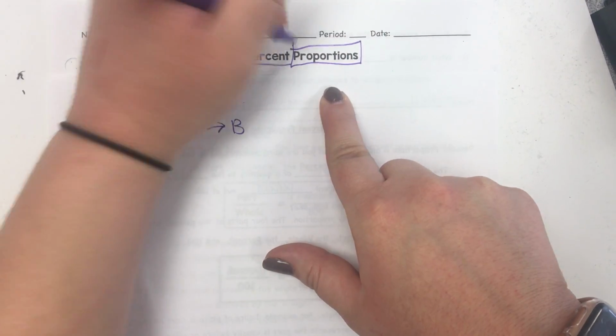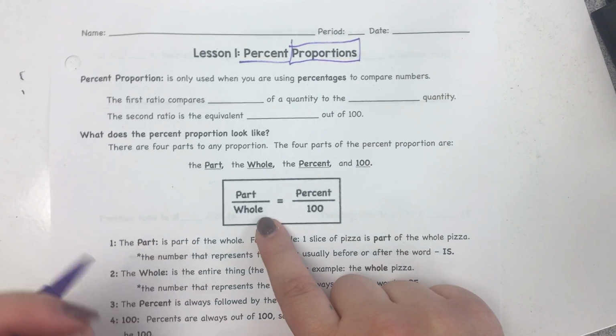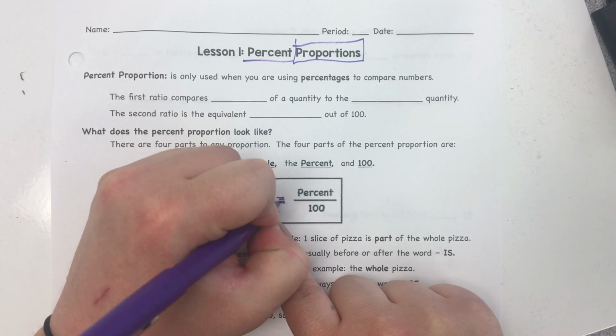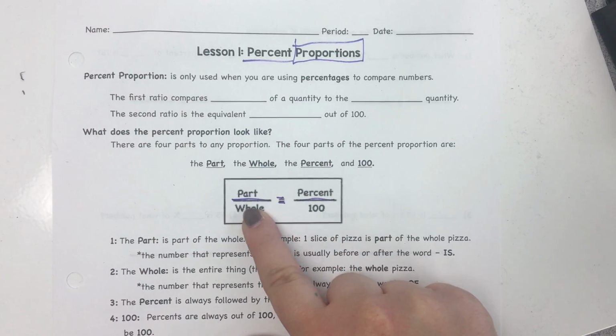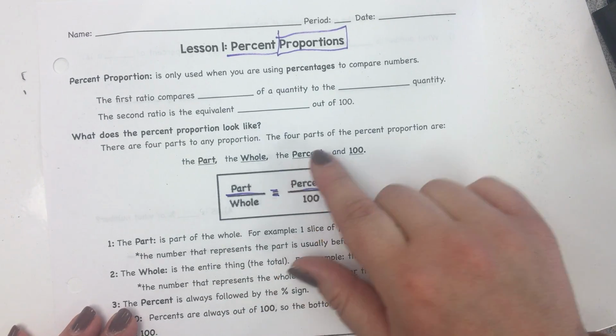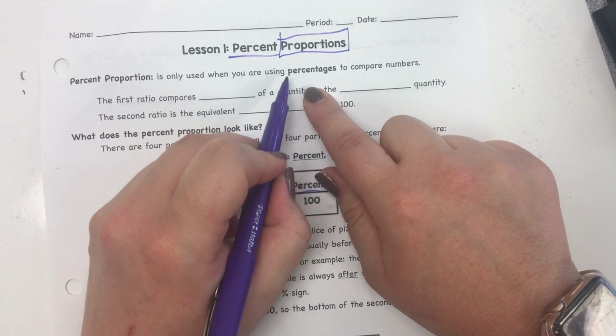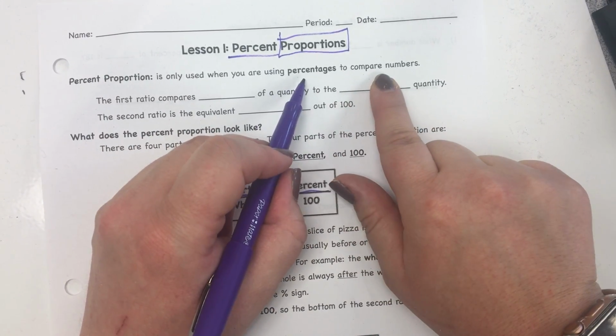We've also talked about the word proportion, and just to review, a proportion just says that two ratios are equal to each other. So we've got two ratios and an equal sign in between them. With percent proportions, this is only used when you are using percentages to compare numbers.